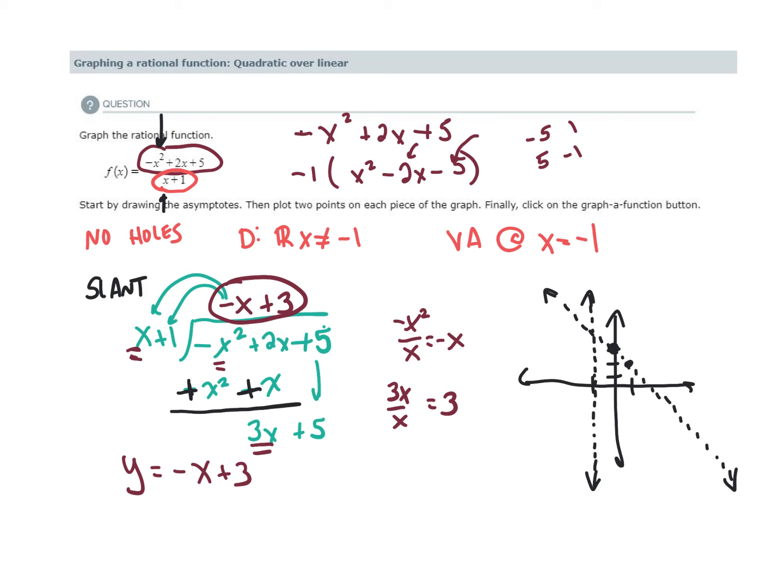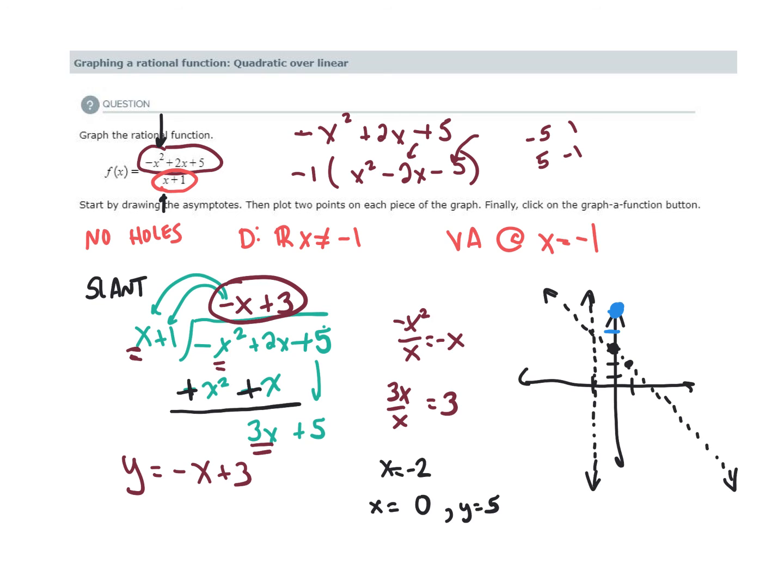Now obviously the graph says just pick any 2 points on each piece of the graph. There's typically going to be one piece on this side and one piece on this side of x equal -1, which is our vertical asymptote. So you could pick any point you want. Maybe I pick x equal -2 and figure out what that is. And then I pick another point, maybe x equals 0, which would be a pretty easy one for the y-intercept. If I do 0, I get a y of 5, so that would be somewhere up here.